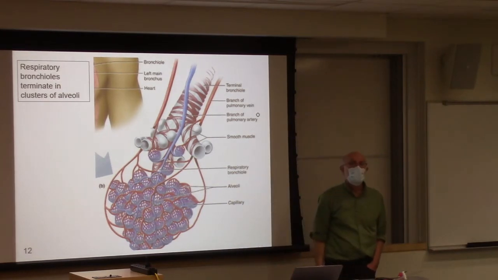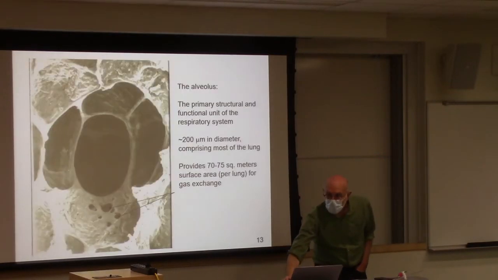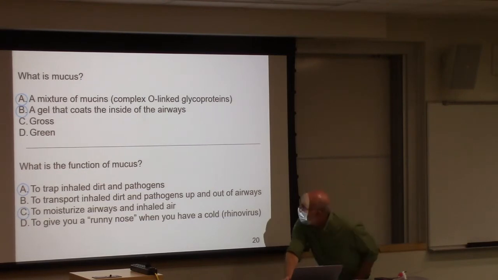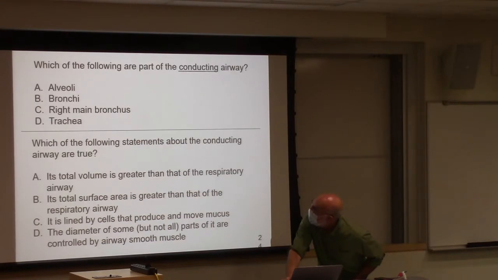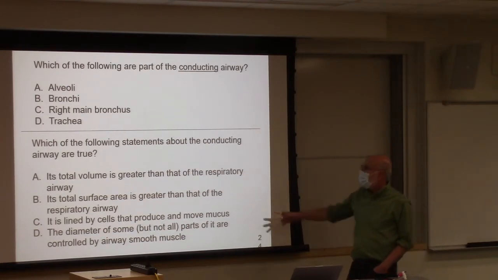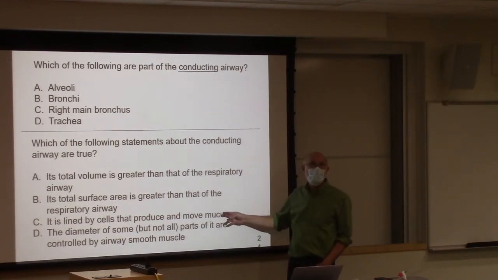Question? Yeah. For when it says it is lined by cells that produce and move mucus, is that also applicable to the respiratory airway, since you had the respiratory bronchiole? Is this the question we're looking at? Yeah, the bottom one, for C. The diameter of some, but not all parts of it are controlled by smooth muscle, that's true. For C, is it also applicable to the respiratory airway? No, respiratory airway does not produce mucus.